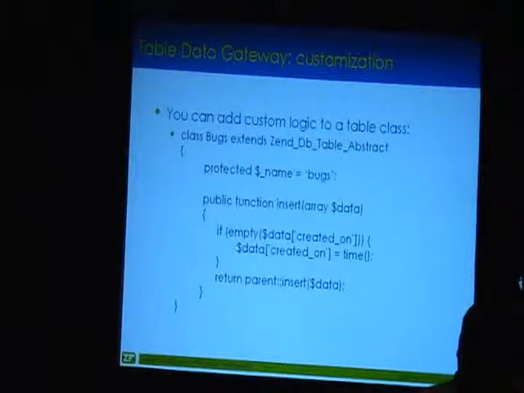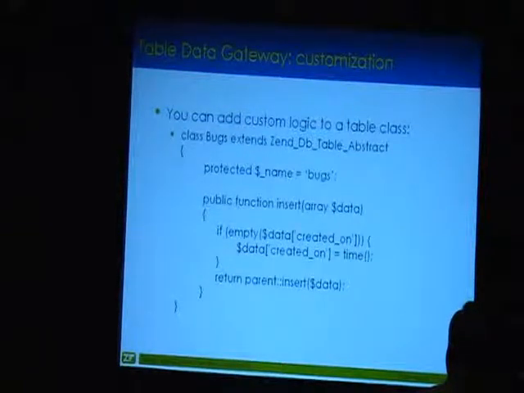You can also customize these classes. You can add more methods in your subclasses that extend the behavior of the base abstract table class. For example, in here, I'm overriding the insert method that I would have on a table class, so that I can do something like set the created on field. Created on field may be a timestamp, so that as I insert records into this database, it always has a correct value in there.